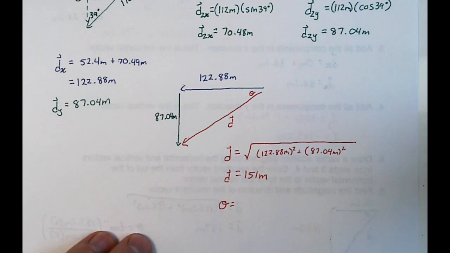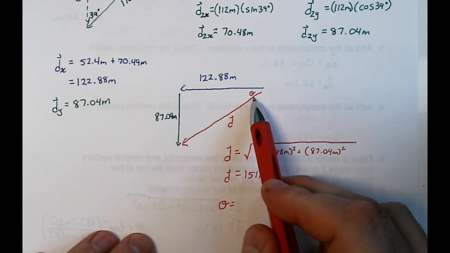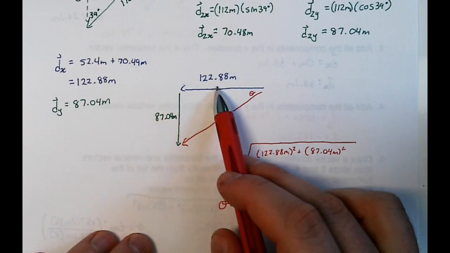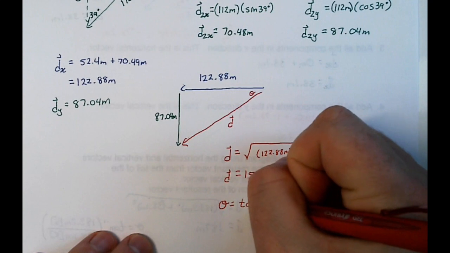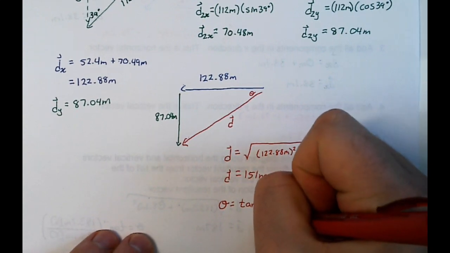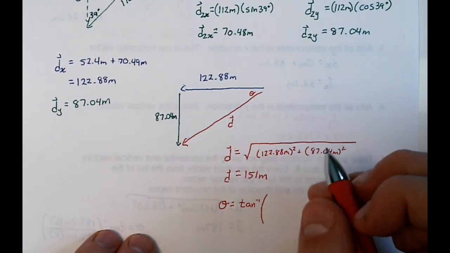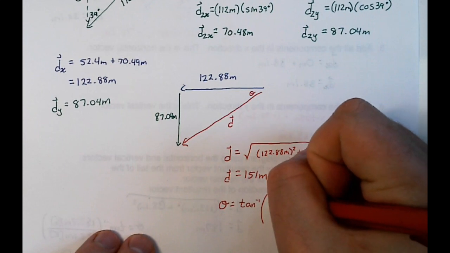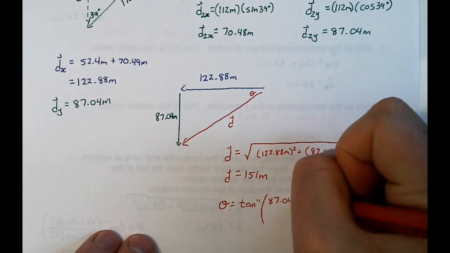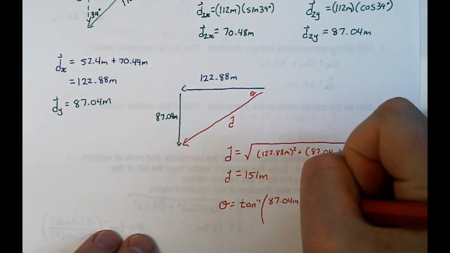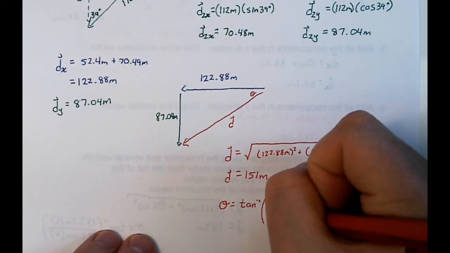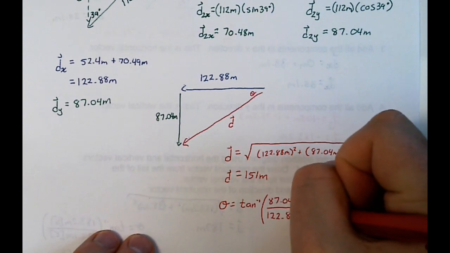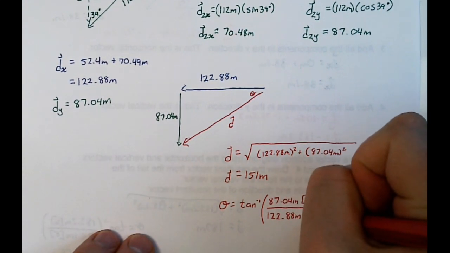We also need to determine our angle. Again, we have the opposite and the adjacent, so we're going to use tangent. Inverse tan of 87.04 meters south divided by 122.88 meters west.